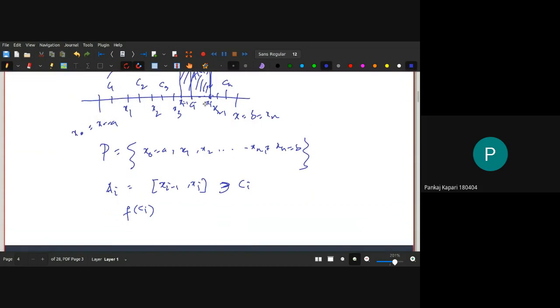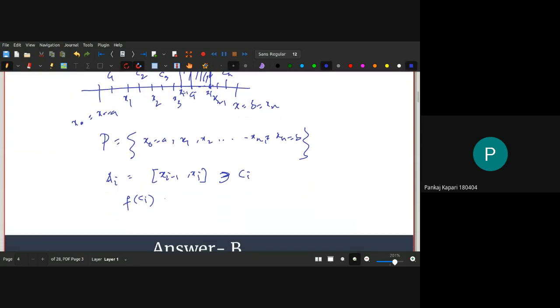Okay, and like this you will add the area of all the rectangles. So this we write as f of ci times (xi minus xi minus 1), and you add everything up for i equal to 1 to n. So this we will call a Riemann sum with respect to the partition. Okay, Riemann sum, and we denote it like this: S of the function f with the partition P, and then our choices of these points, right?